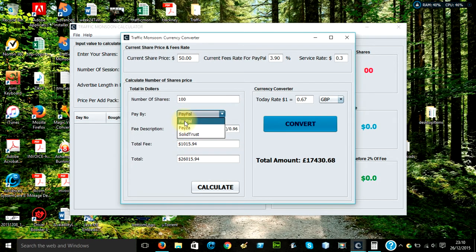If you use PayPal, click on PayPal. Once you click PayPal, it says the 100 shares is $5,000, the fees will be $203.44, and the total you're going to pay is $5,203.44 in US money.